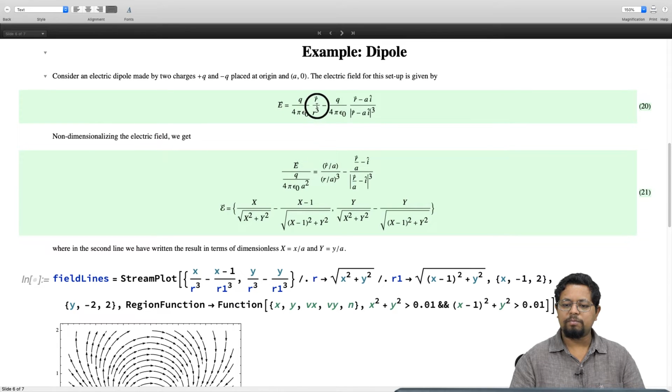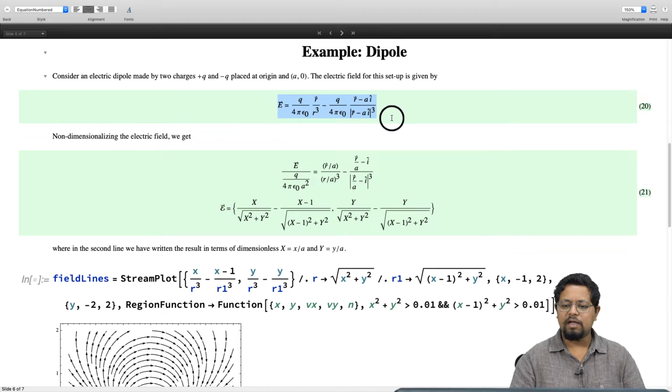The positive charge is placed at r equal to 0, so therefore its field is given by r over r cube, while the negative charge is placed at r equal to a, therefore its field is given by r minus a i hat divided by r minus a i hat whole cube. We need to non-dimensionalize this electric field so that we can actually plot it.